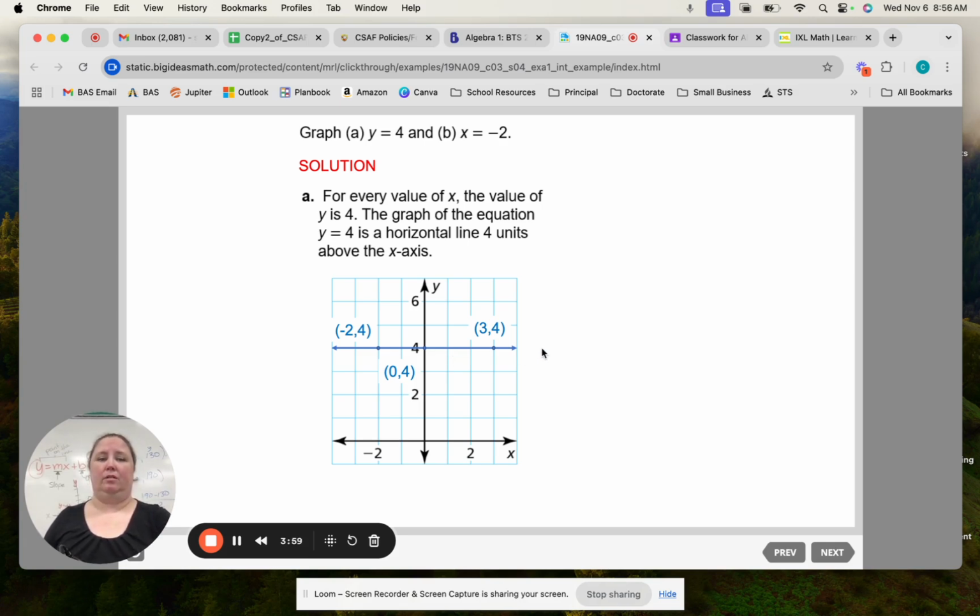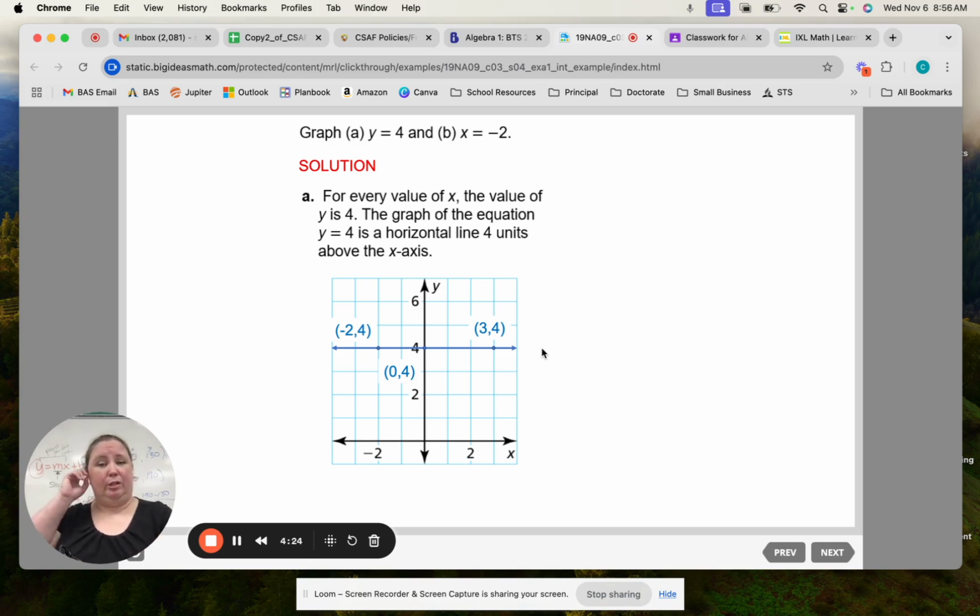Any questions on how to draw a graph for a horizontal line? So anytime you see y equals just a number, automatically you need to think that's a horizontal line at that number. It could be -2, it could be 3/4, it could be 17. Sure, but it's a horizontal line. Okay?